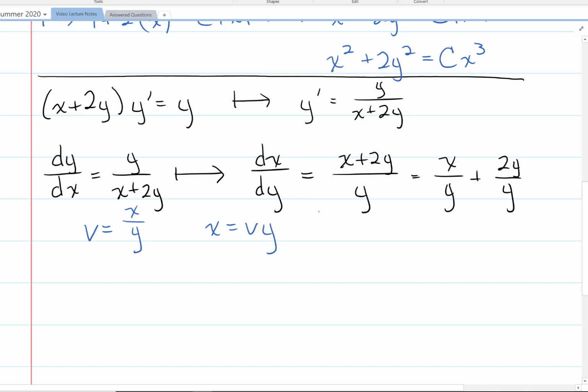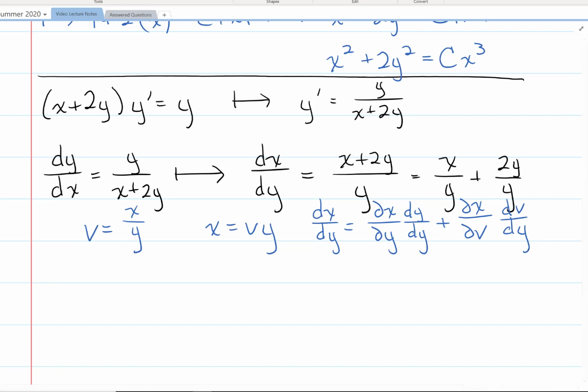And so to find dx dy, it's going to be the partial of x with respect to y times dy over dy, which is 1, plus the partial of x with respect to v times dv dy, like that, right?